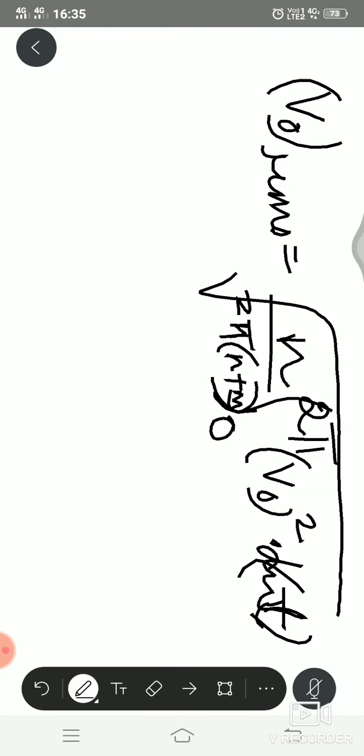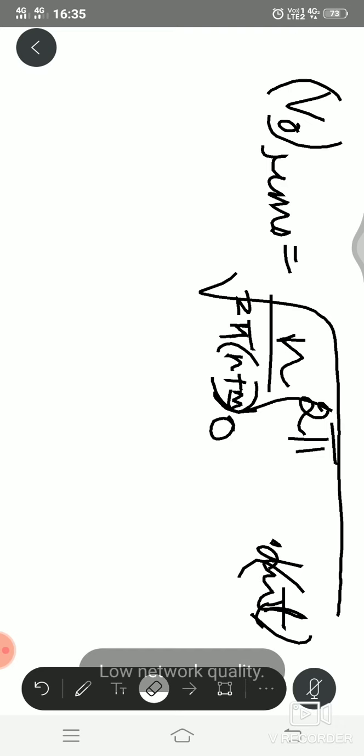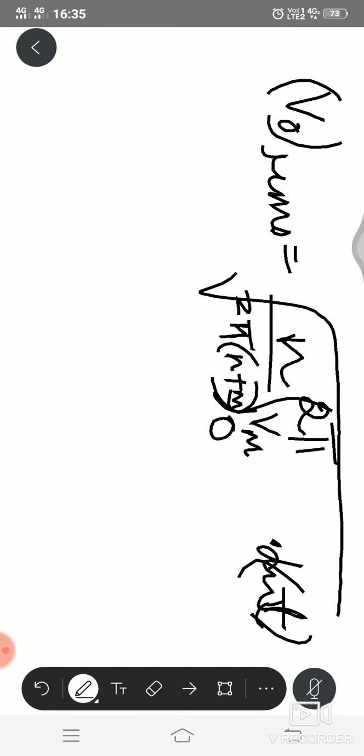Now V0 is equal to Vs during this period. So I can write, for this case, Vm square sine square omega t.